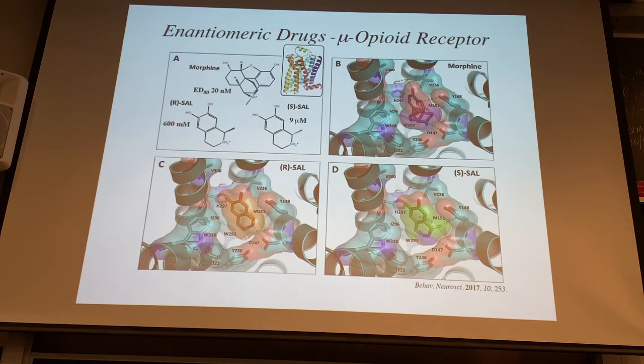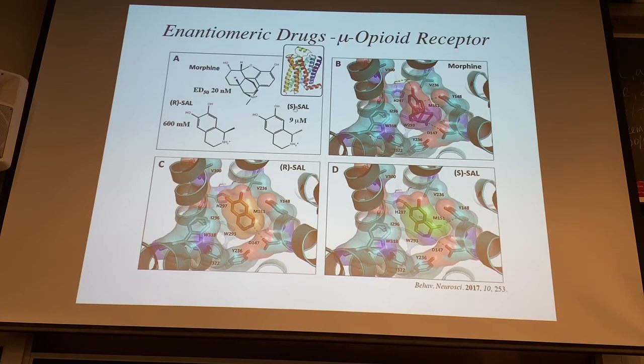And this is part of that receptor, the protein, the blue part, and then the orange part is the drug binding in the active site of the opioid receptor. And so you see morphine's very potent at 20 nanomolar. That's 10 to the minus 9 molarity. That's very low concentration. Any concentration from there on up, the opioid receptor is bound and incapacitated. The pain signal does not come through the neurons, okay?